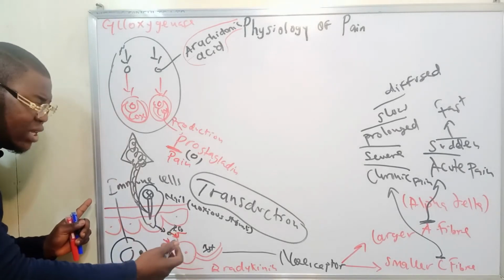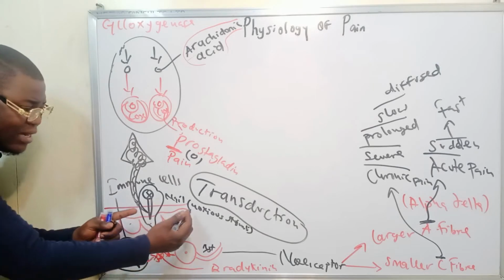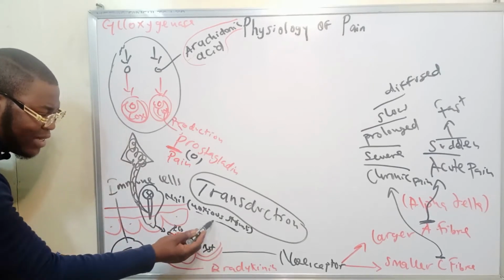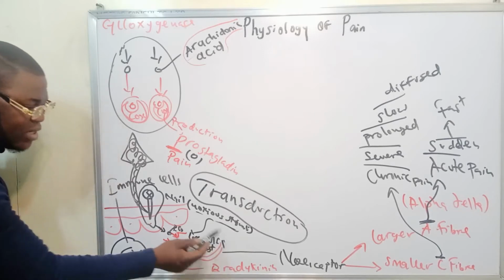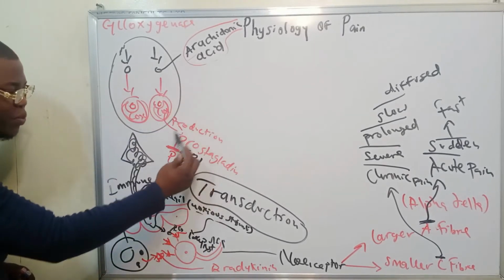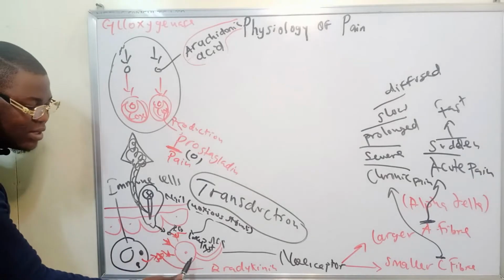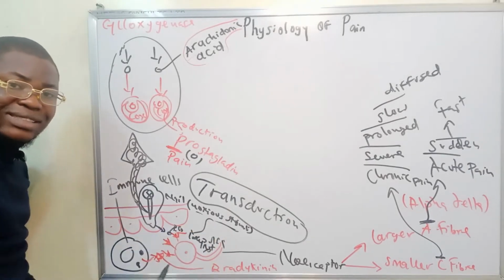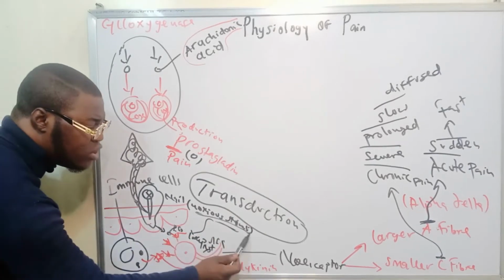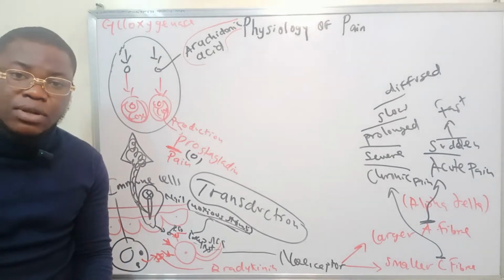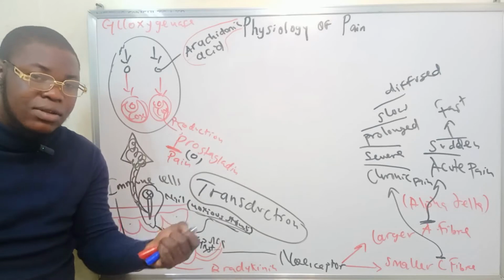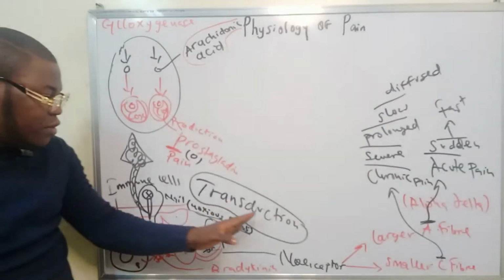And how did we convert this noxious stimuli into an impulse? We converted it using the knowledge of arachidonic acid combining with this to turn to prostaglandin that will send it. And that is transduction. Transduction is just the conversion of a noxious stimuli into an electrical impulse. Remember, into an electrical impulse. So that is the definition of transduction.